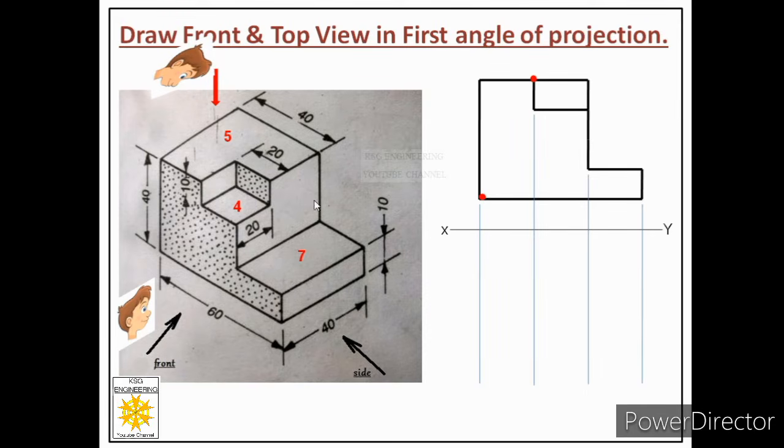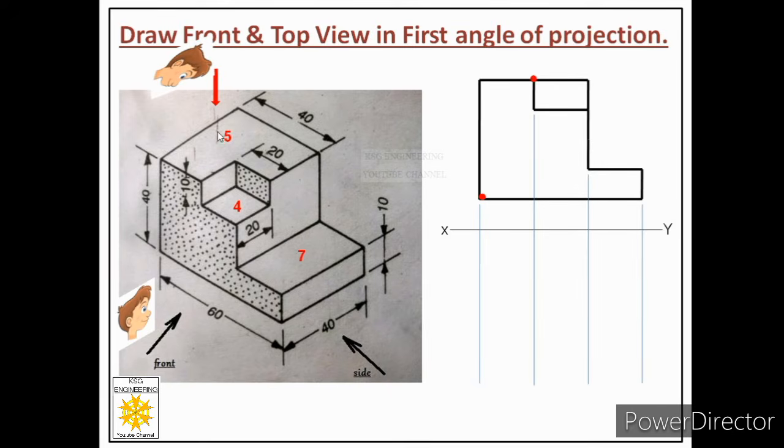When we look at any object from top, we can't see the height of the object. So we concluded we can see only those faces from top in which there is either a length dimension or a width dimension. Now let us apply this thumb rule to these three faces.